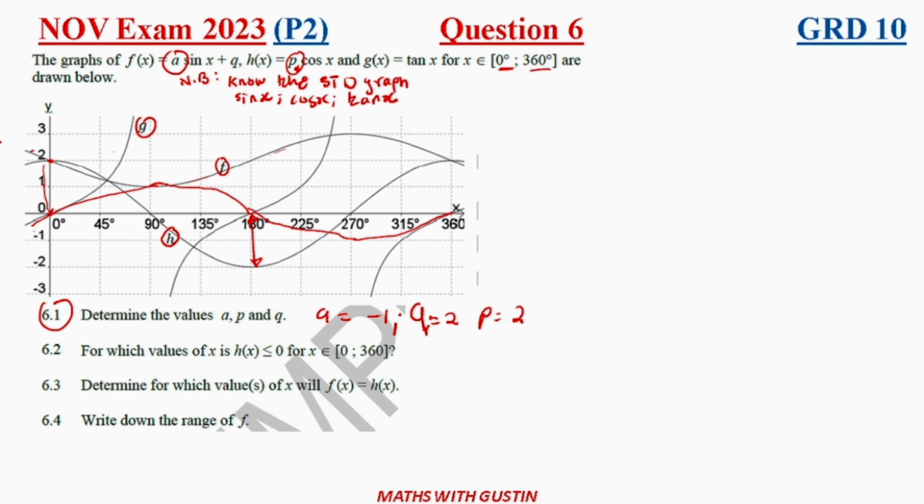Same thing would apply if you were to find the one for sine, for f of x. Let me remove this red one because it's kind of confusing me now. Same thing would apply, guys. If you know the basics here, you shouldn't have any hassle. Remember the sine graph was just going here.